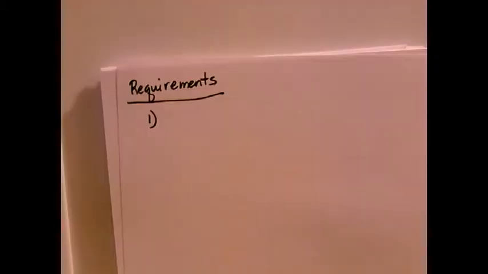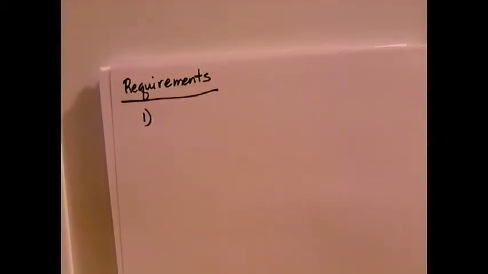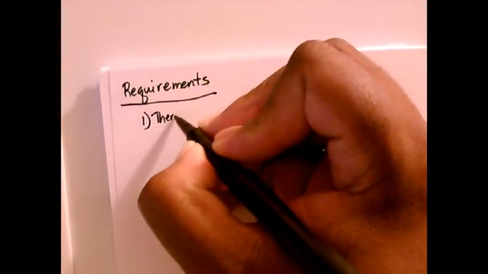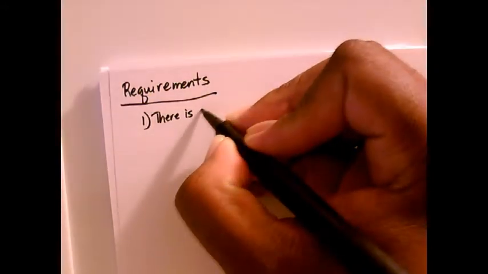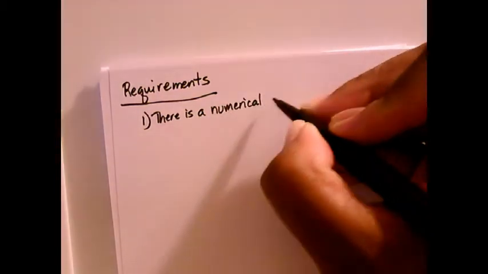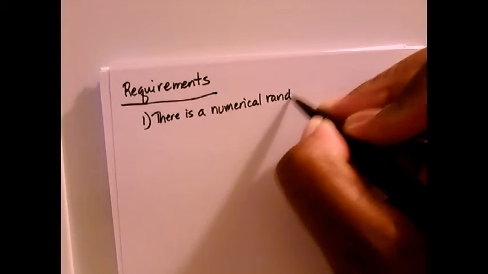So here there are 3 requirements of a probability distribution. 1, there is a numerical random variable called x, and its values are associated with corresponding probabilities. Okay, so there is a numerical random variable.